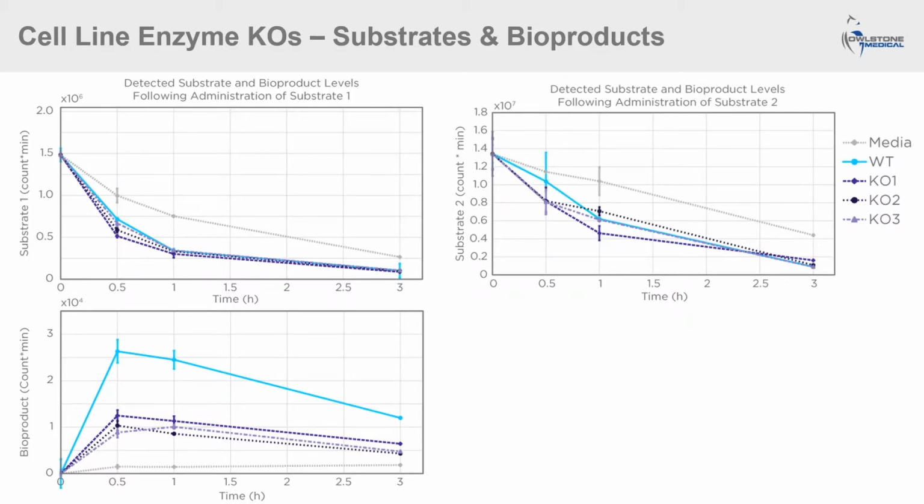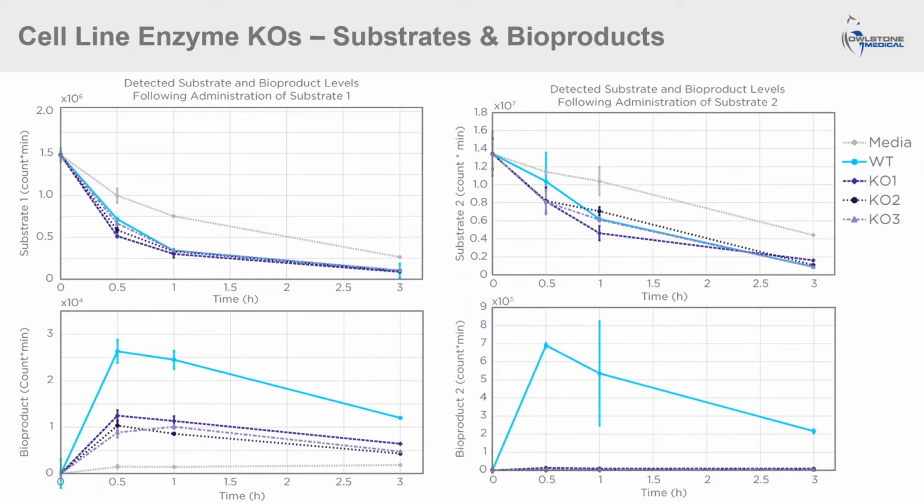And I'm going to show you an example here. Again, for this other compound called substrate 2, we can see similar results as before: a reduction over time in the media and a stronger reduction when there are wild type and knockout cells. However, if we look at the specific bioproduct, in this case, we can see in the wild-type cells a spike of the bioproduct after half an hour.